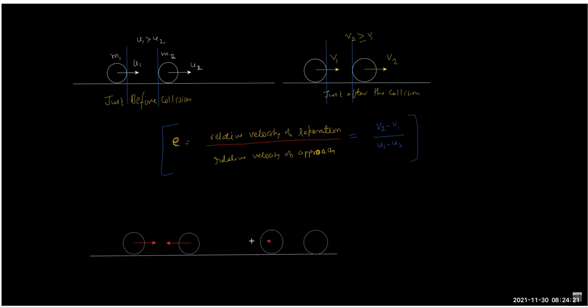And after hitting, they may go like this. This is quite possible. You may call these U1 and U2, and then call these V1 and V2. So U1, U2, V1, V2 are magnitudes. And this is again a case from just before collision to just after.